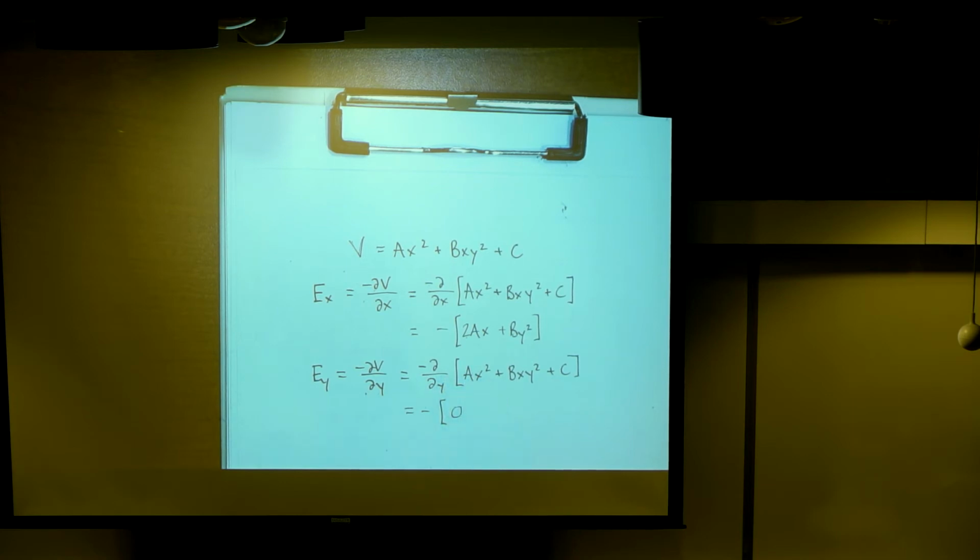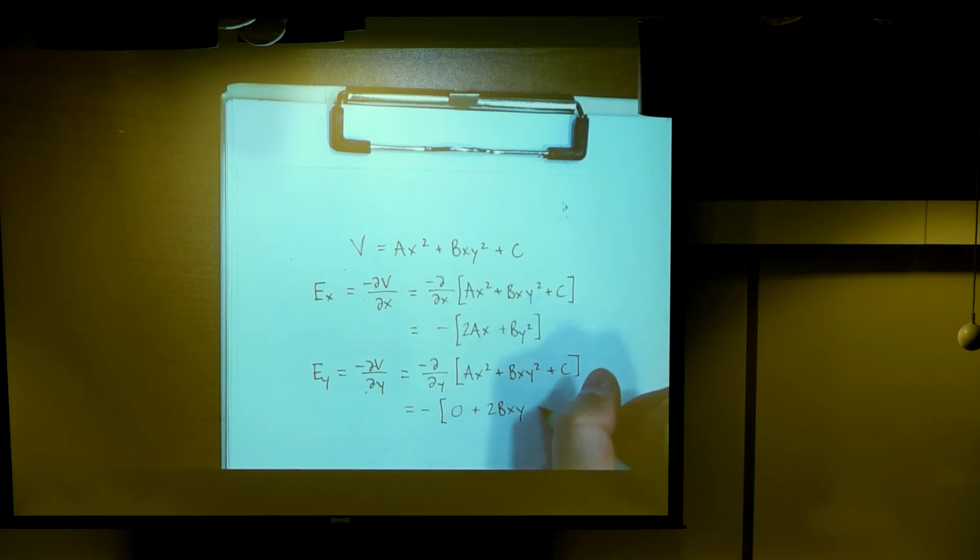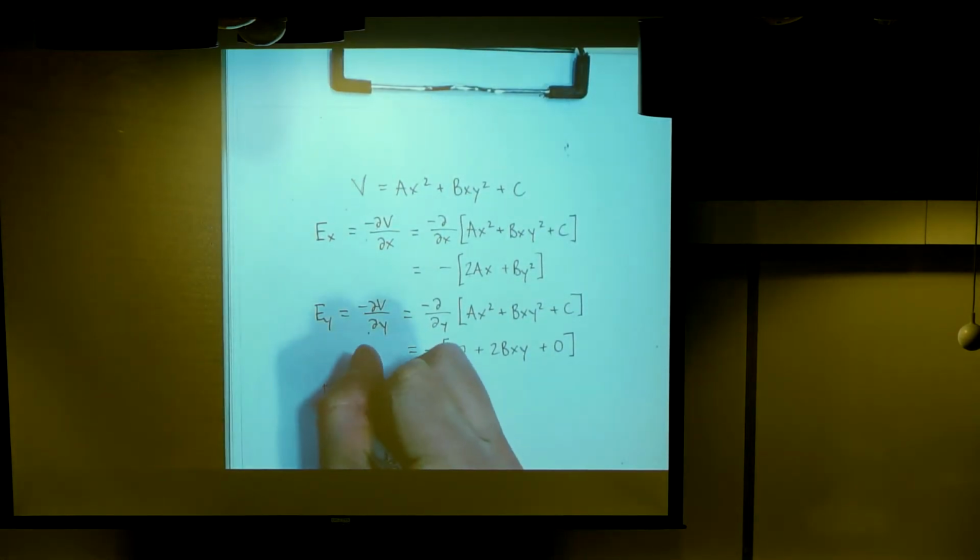So that's going to be 0. For my second one, it's just a y squared derivative where we have bx out front as constants, right? So 2y is the derivative here, and then multiply that by bx. So I have 2bxy. Make sense? And then I forgot to mention c, of course, but derivative of any constant, 0, right? So that's Ey.